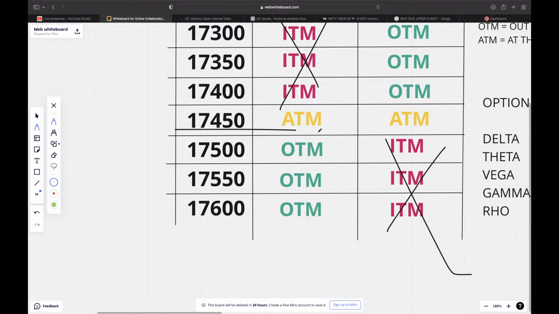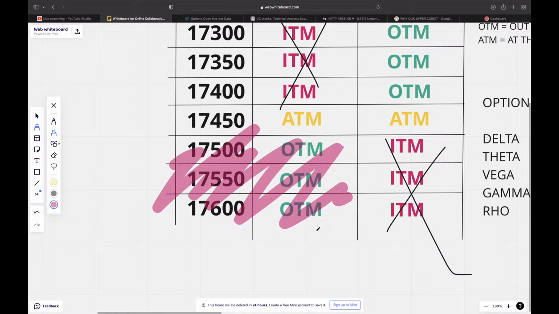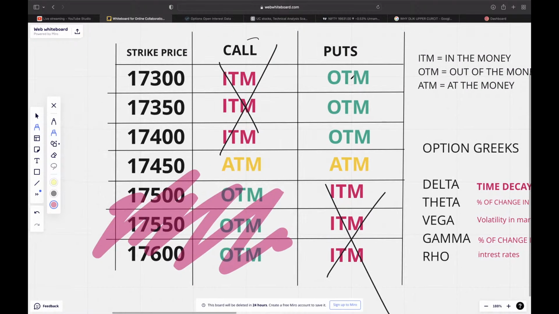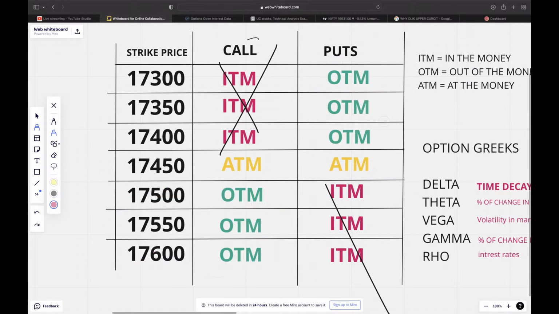Always go for OTMs. Clear everyone? OTMs. Never ever go for this or this. Always go for OTM. Premium will be low in out of the money.